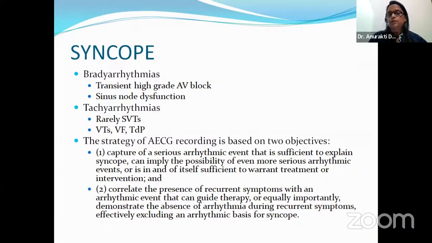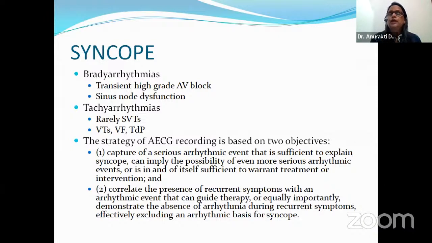Or you can find a feature which suggests that there can be a serious arrhythmic event, like a substrate, a long QT, which was not very visible on the ECG, but in day-to-day activities, maybe when the alarm rings, the QT prolongation is very visible. So either you see a serious arrhythmic event or a substrate for it, or you can exclude it.